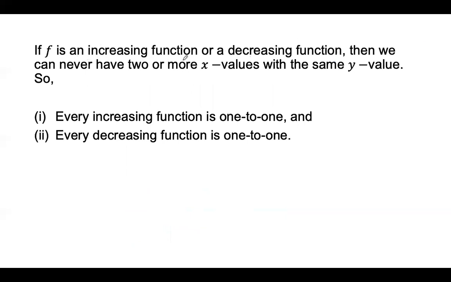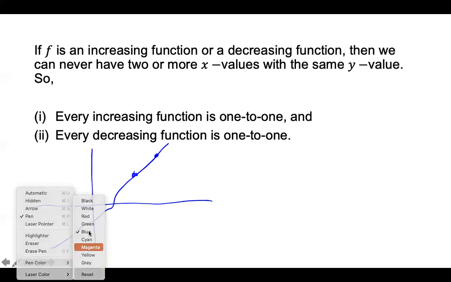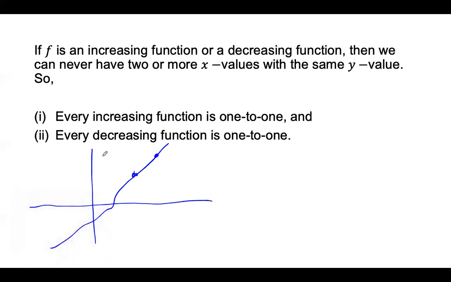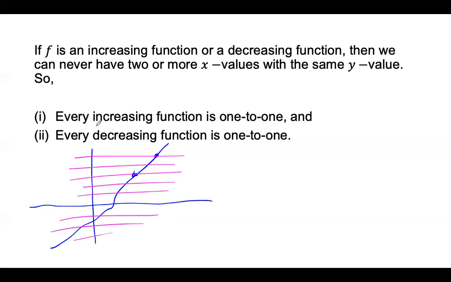So if f is an increasing function or a decreasing function, then I can never have two or more x values with the same y value. Why is this? Well, we could draw, of course, a little sketch to convince us. Just anything increasing. And so by the horizontal line test, every increasing function is going to be 1 to 1.